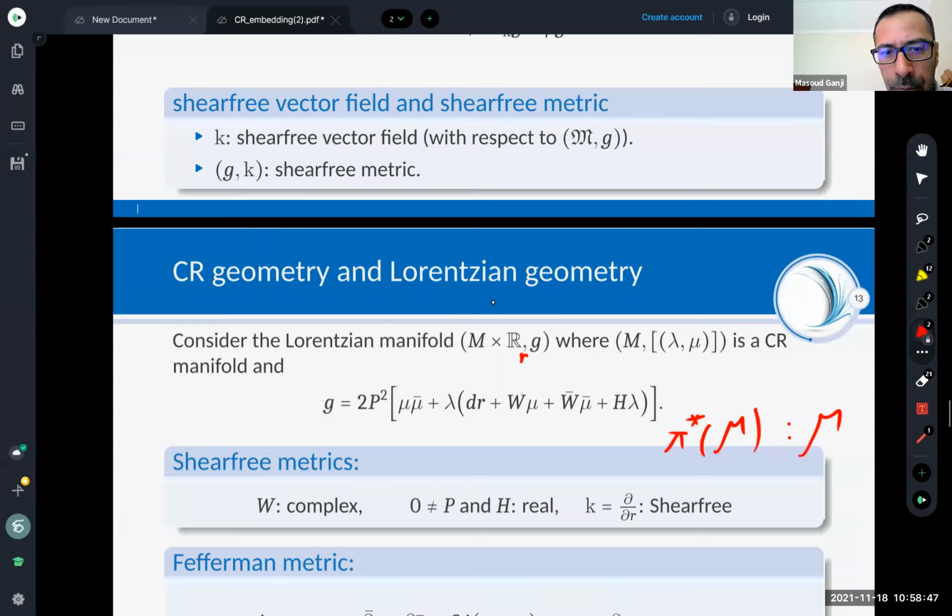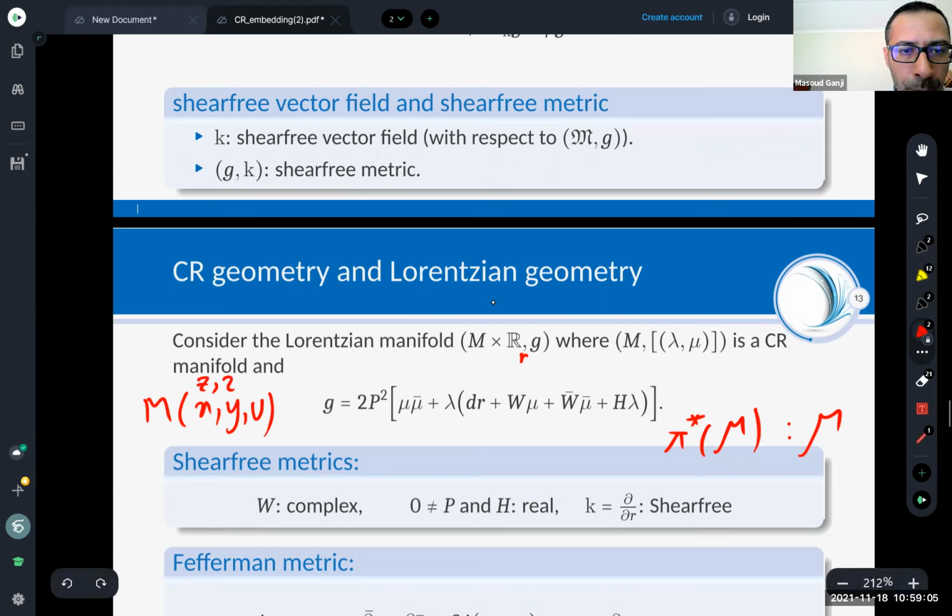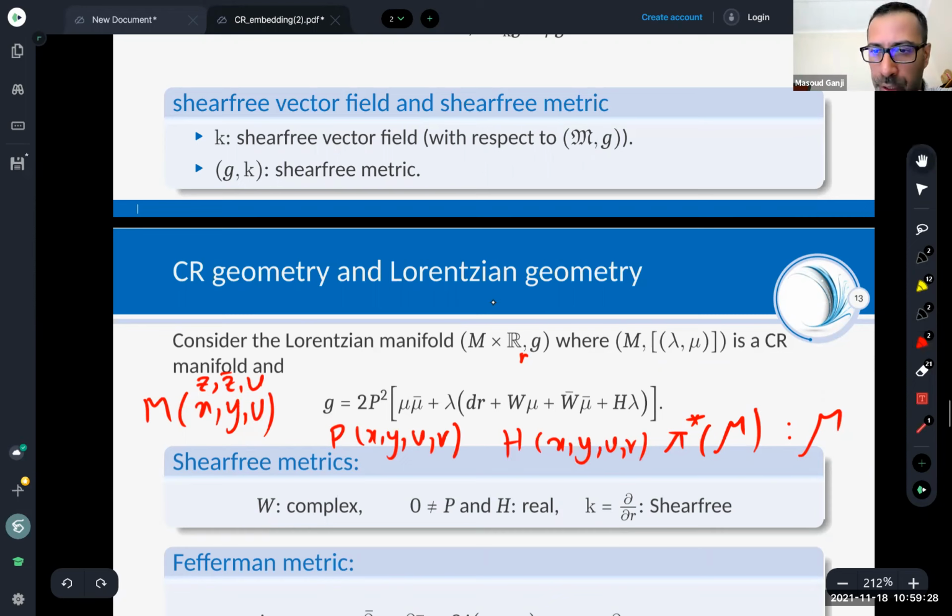P is a real function. If I introduce on M some coordinates X, Y, and U, or sometimes I use complex coordinates Z, Z bar, and U, we introduce this form. P is a function of all variables X, Y, U, and R, and also H and W are functions, three functions in all.